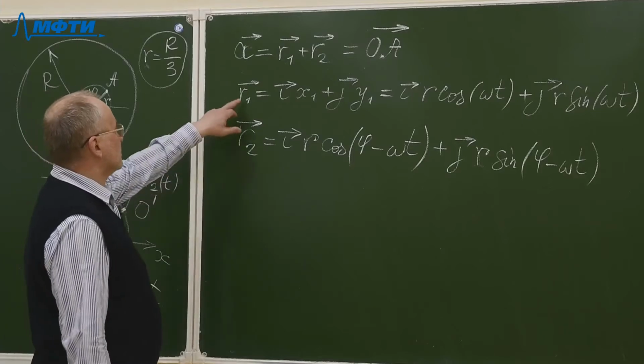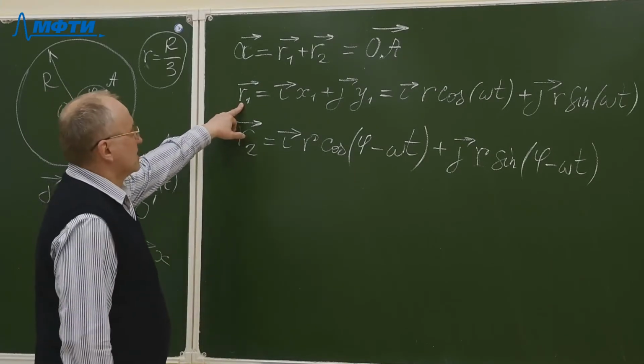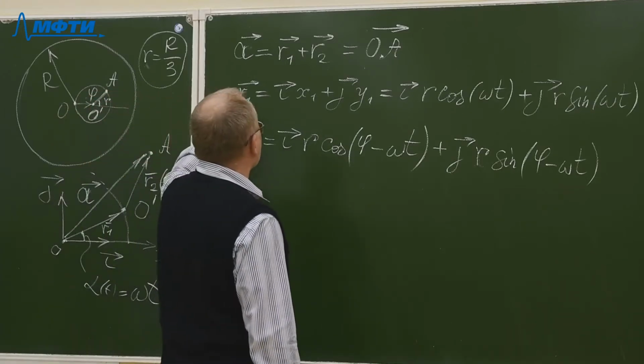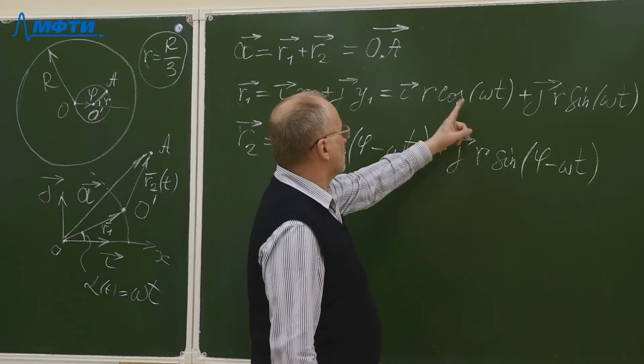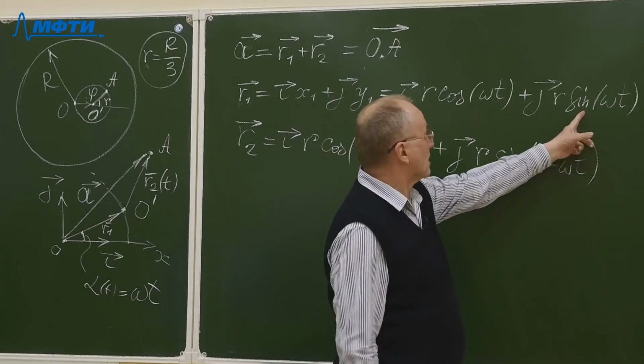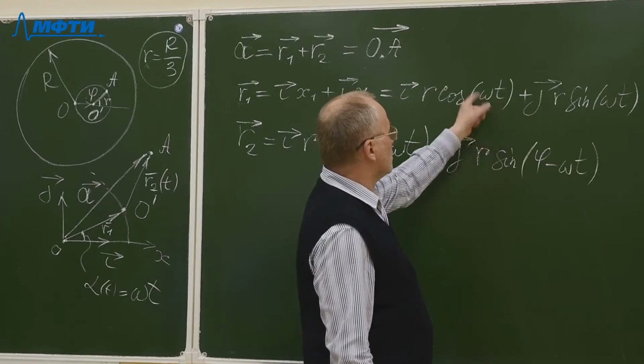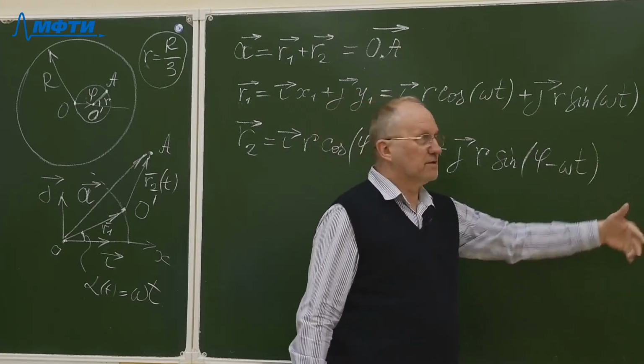That's very simple. If this vector r1 rotates at constant angular velocity, then its coordinates will be cosine, which is the x coordinate, and sine, which is the y coordinate. And the argument is proportional to time. It changes with angular velocity omega t.